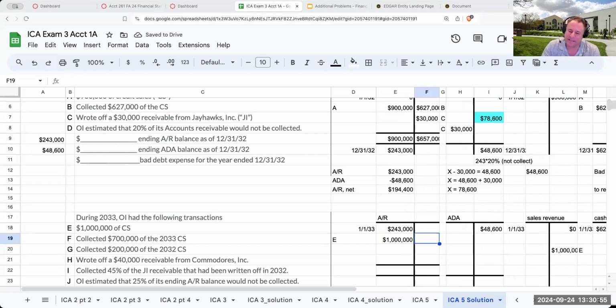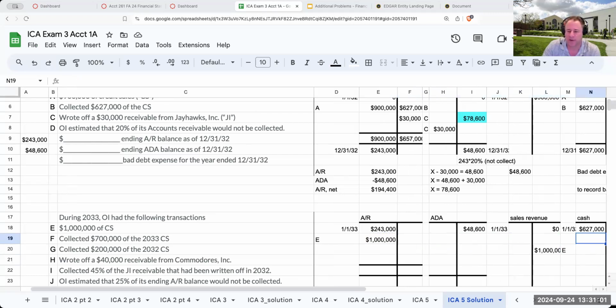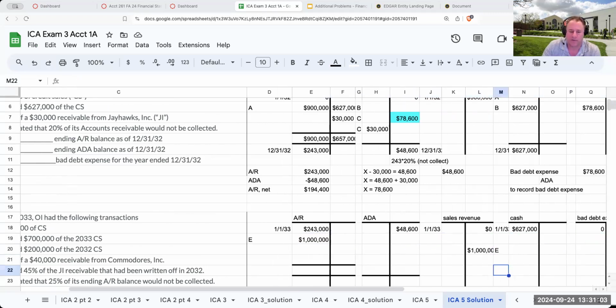Now, I collected 700,000 of the 2033 credit sales. Collection, basically when I collect money, I'm going to go over here, FG. I collected 700,000 of the 2033 credit sales.